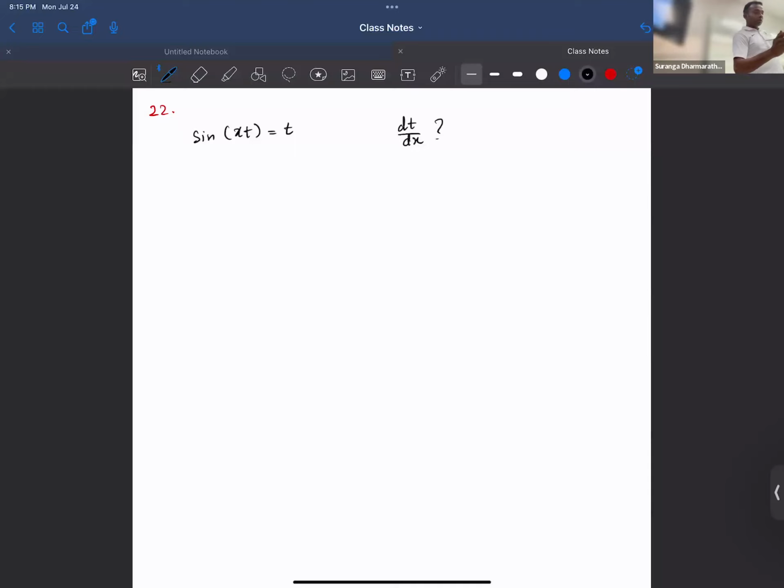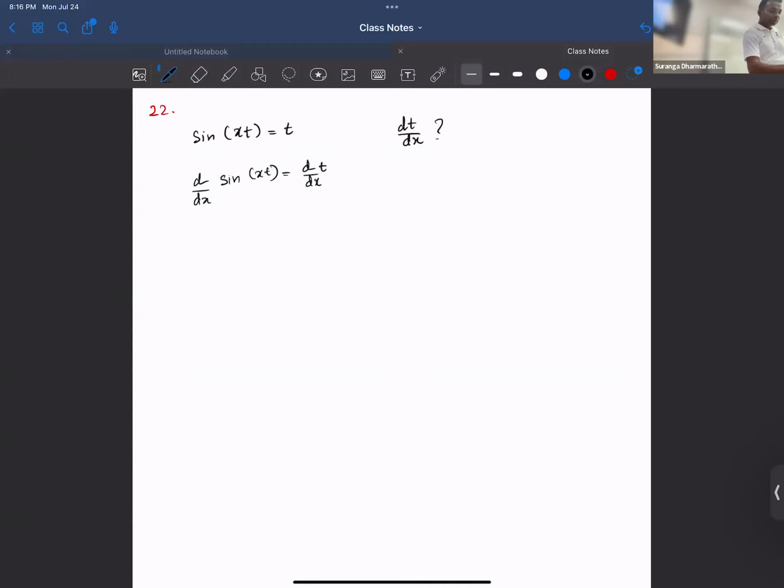Okay. So all I do is take d over dx of sine xt on this side, and then you do d over dx of t. And what can you do? You can apply the chain rule, right?